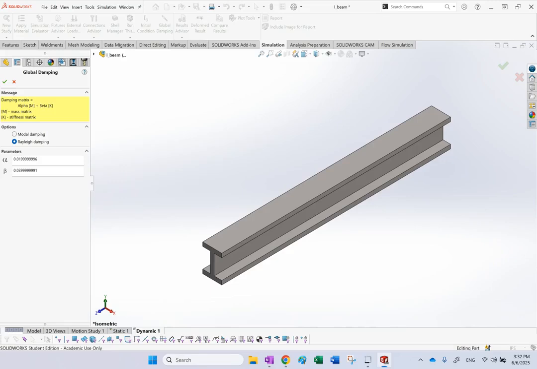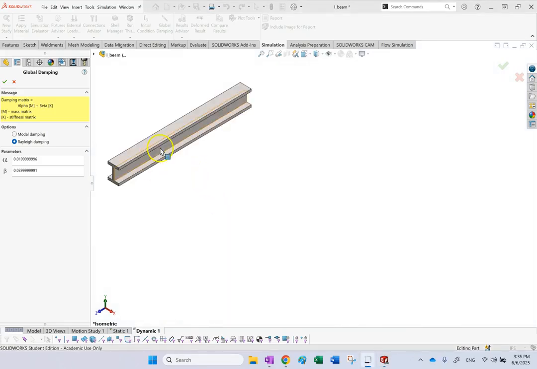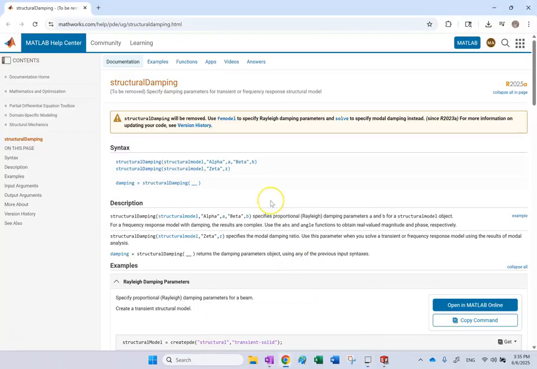Another place you can see it is, for instance, MATLAB. When in MATLAB you want to do finite element modeling, there is a command that is going to be replaced by a new command, but there is this command called structural damping, and then you see structural model, and then it is asking for alpha and beta.